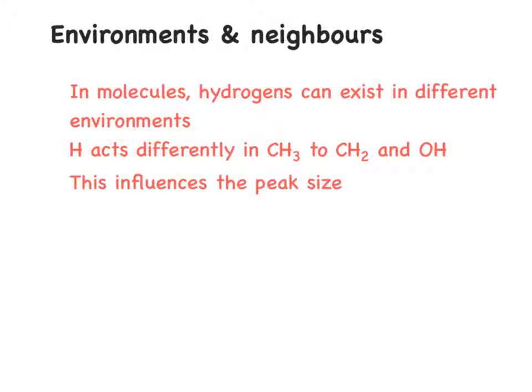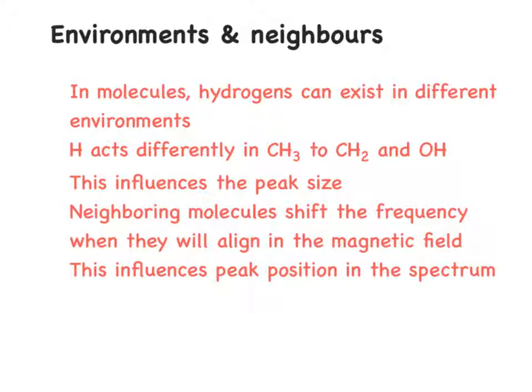Now, the number of hydrogens in each of these will influence the peak size. So in general terms, we could say the higher the peak, the more hydrogens are involved in making that peak. Neighbouring molecules, though, also have an effect on the peak, but instead of making it higher or lower, they shift it, and this is referred to as chemical shift.